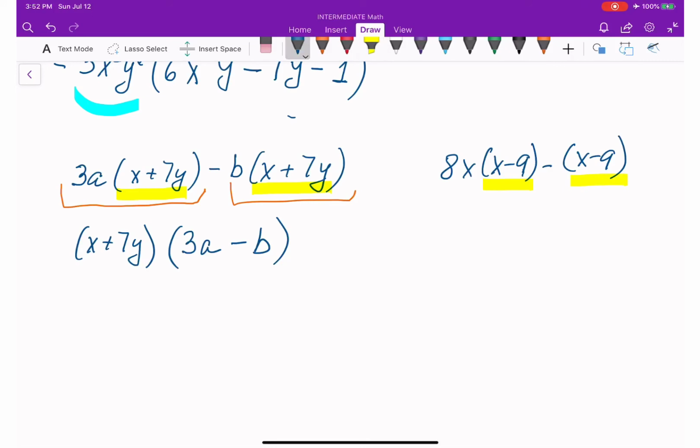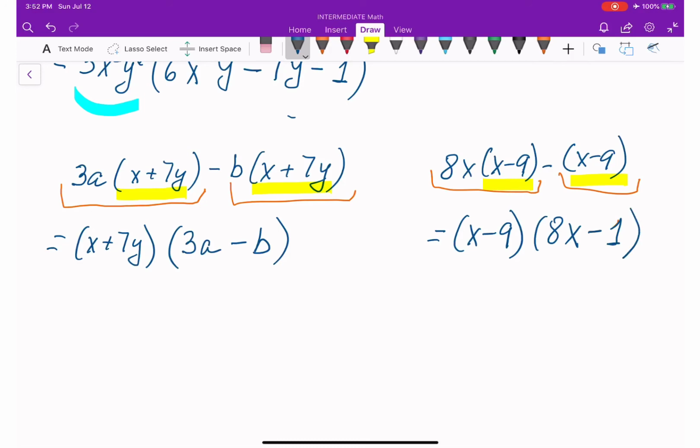Let's take it out. So what will be left from the first term, which is 8x times (x minus 9)? It's going to be 8x, right? From the second term, let me mark down, this is the first term, and this is the second term. If I take out x minus 9, divided by x minus 9, what will be left? 1, right? That's it. Okay?